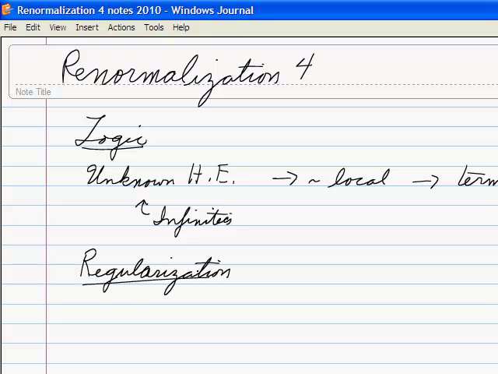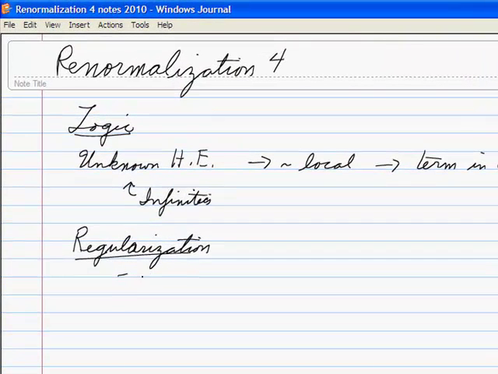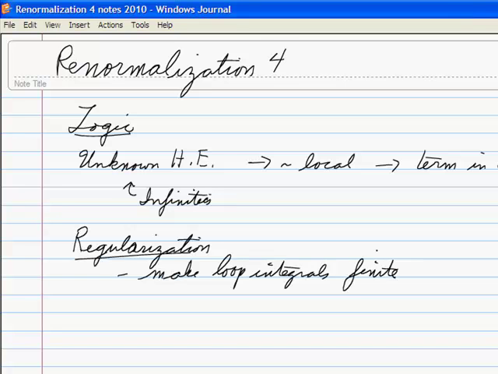Regularization is an artificial way to make the loop integrals finite, at least temporarily.